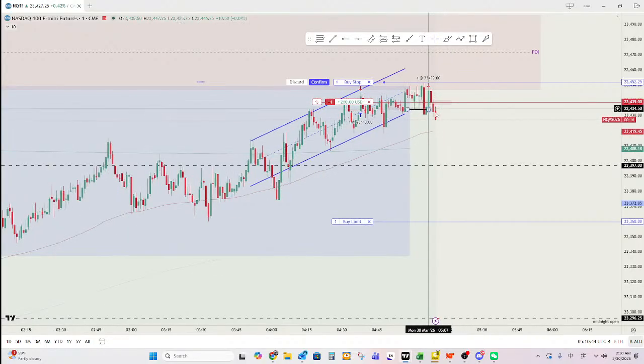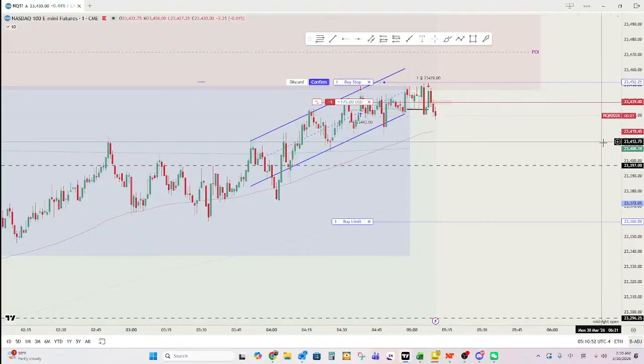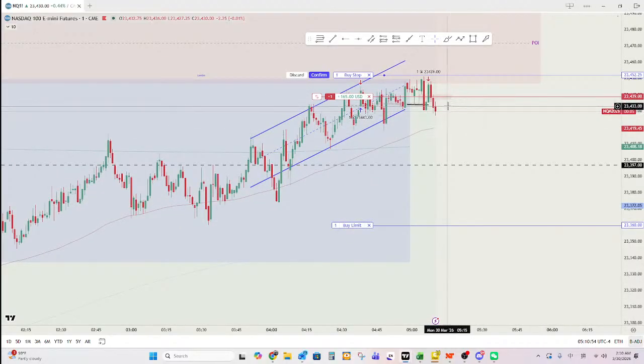So two consecutive bear bars close below the low, which is a good one. See if we can get another bear bar close below the low.